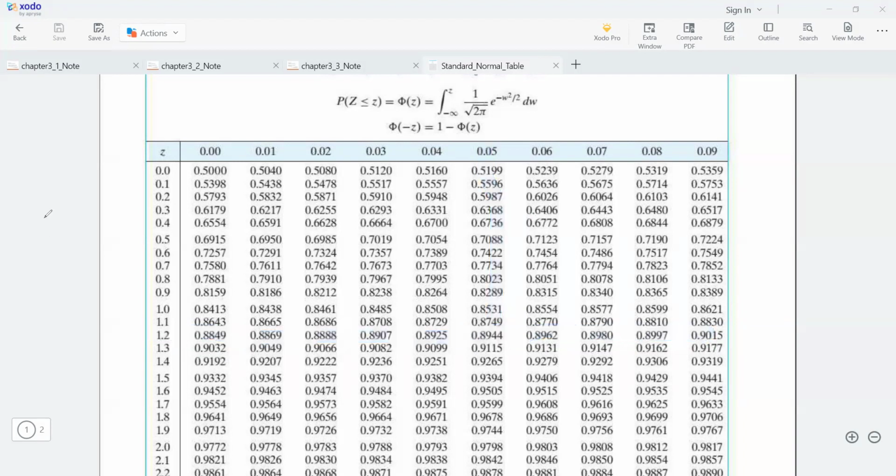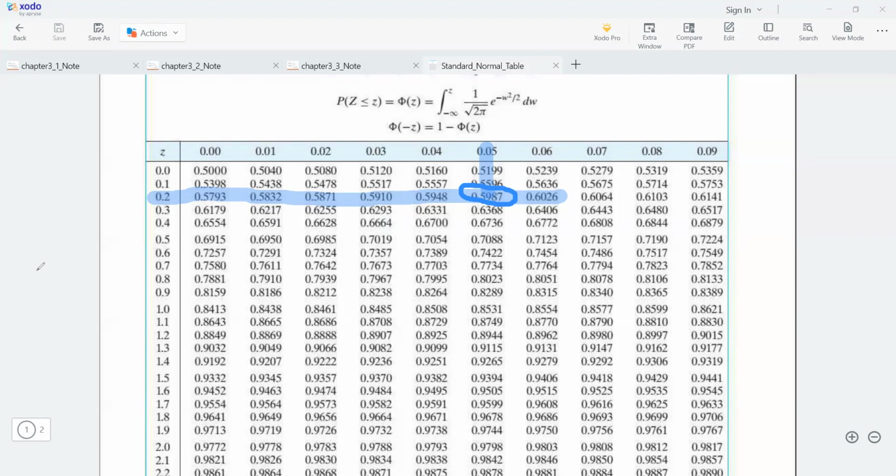And then for the 0.25, again we try to find the row 0.2. We look at this row 0.2, and then we also need to find the column that gives us the extra 0.05, which is here. So the intersection we find is this number, 0.5987.